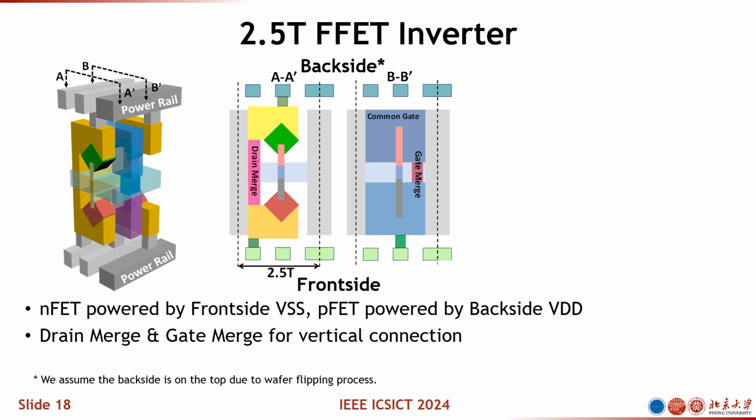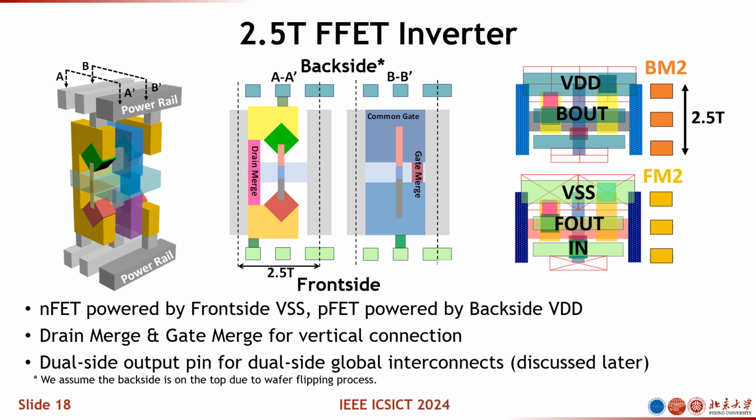The unique part of this is that the via is all done by your lithography process or by your layout design. So if you want them to be separated, you can separate them. If you want them to be connected, you just draw a via and get the via drilled, and you will have them connected. So the drain merge and the gate merge is the via I mentioned here. So this is very critical.